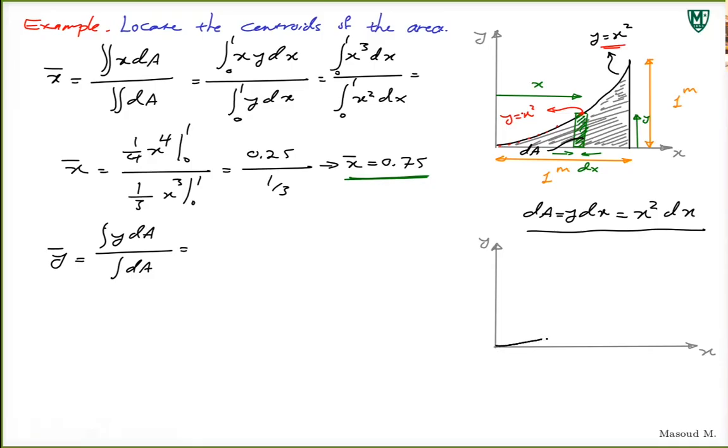So I'm drawing this again, as similar to the other one as possible. This is the area we're trying to find the y coordinate for. This is 1 meter in this direction, and 1 meter in this direction.